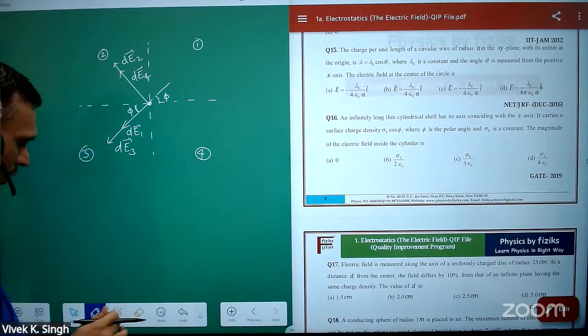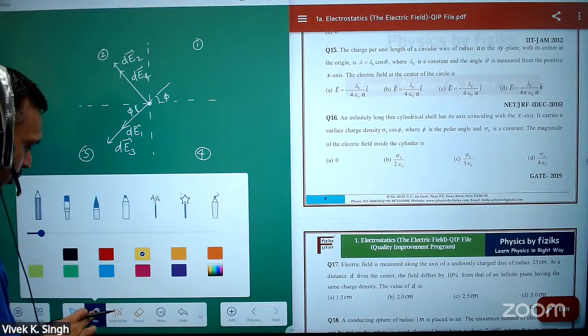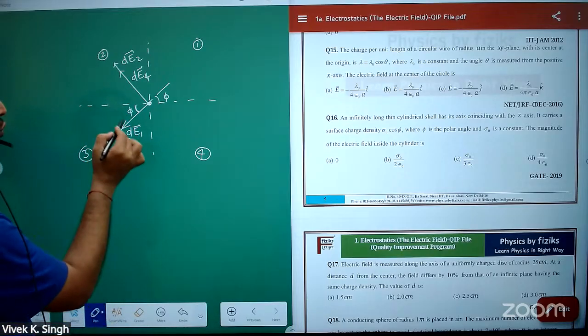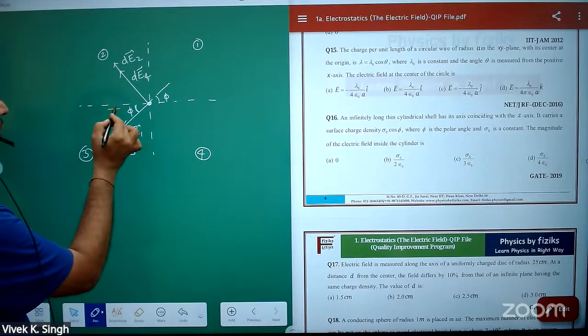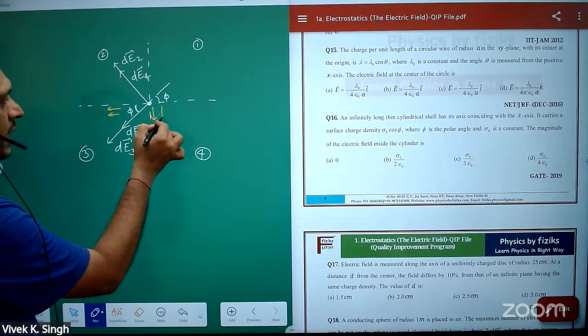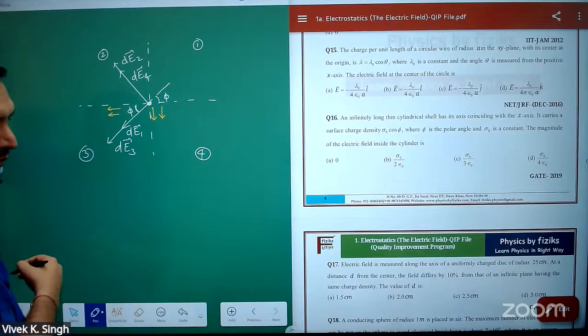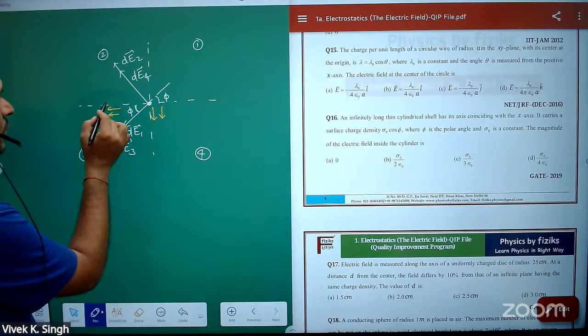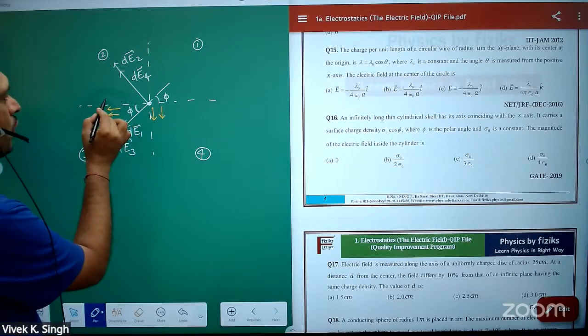So if you resolve this in component form, there will be 2 components of DE1 and DE3: 2 components in this direction, cos phi, and 2 components in this direction, sin phi. This is cos phi.